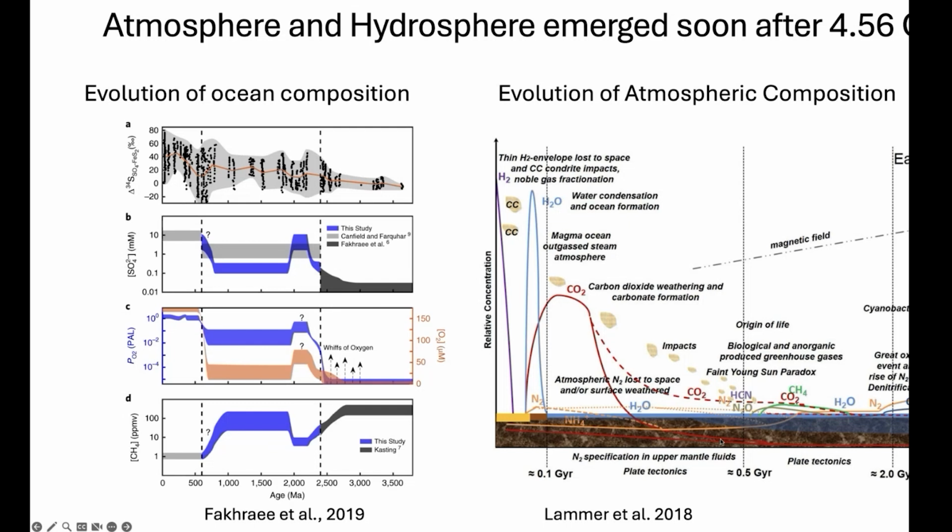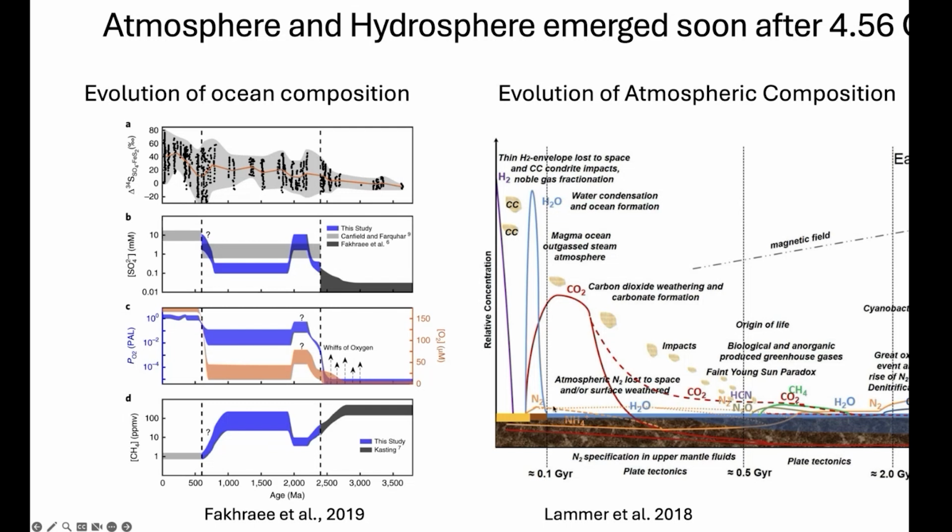Now we can look at the evolution of the Earth's atmospheric composition. Here we are today with hydrogen, water, and actually what we're looking at here is the beginning of the Earth going to 2 billion years after the formation.